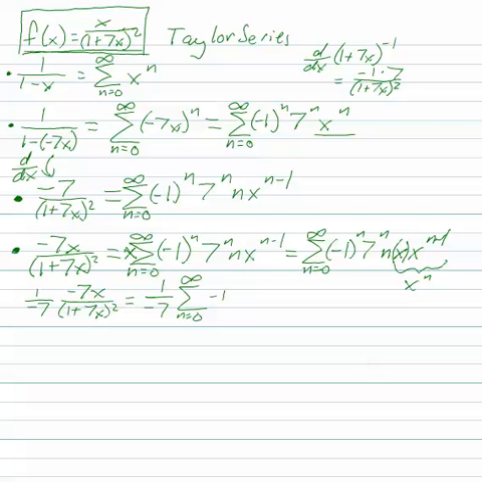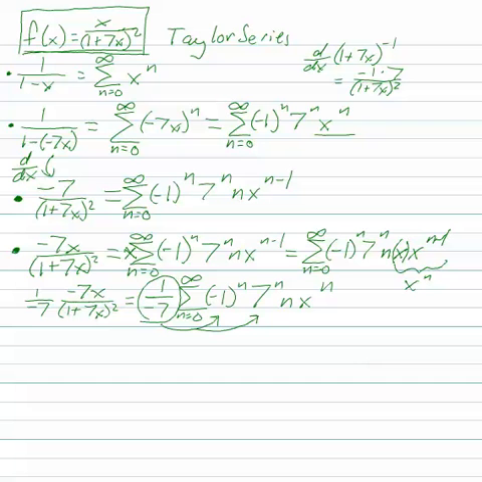We've got negative 1 to the n, 7 to the n, n, x to the n. When I distribute this negative 1/7 through, it'll cancel with one of the negative 1's and one of the 7's. So they'll each have one fewer, so we can have n minus 1 many of them.